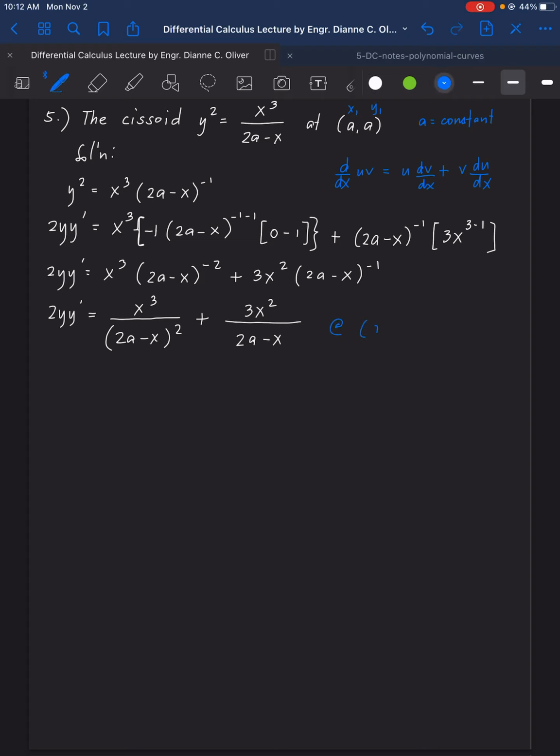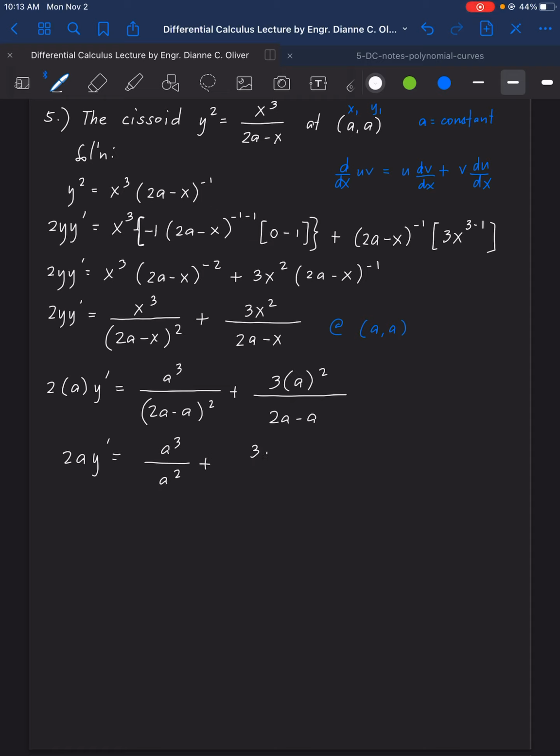So at point A, A, we have 2 times a times y prime equals a raised to 3 over 2a minus a squared, plus 3a squared over 2a minus a. Then 2a y prime equals a raised to 3 over a squared plus 3a squared over a.